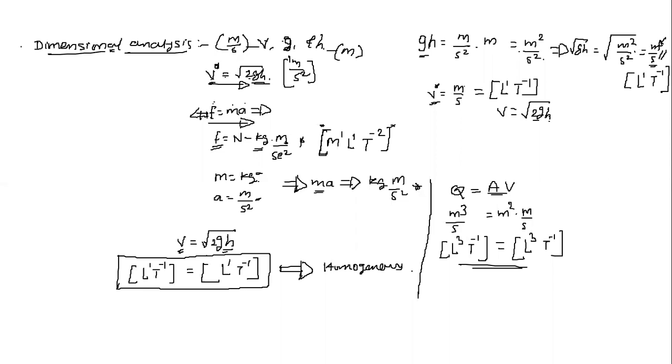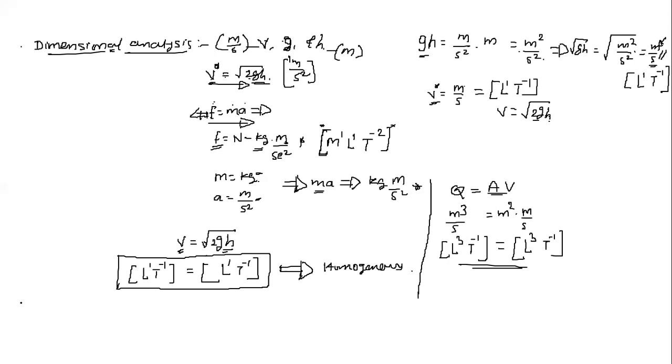The various methods involved in dimensional analysis are generally two: Rayleigh's method and the Buckingham pi theorem.